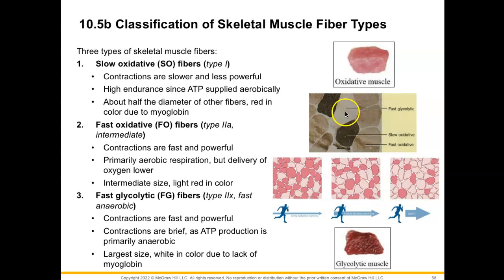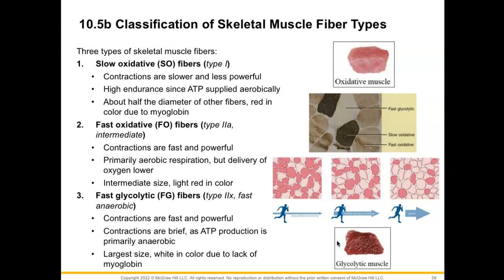And lastly, for our fast glycolytic muscle fibers, these are also known as type 2X and fast anaerobic muscle fibers. Their contractions are going to be fast and powerful. We can see them over here. And they are going to have contractions that are brief, as the ATP production primarily is going to be anaerobic and doesn't last very long. We'll also see that they are the largest in size.